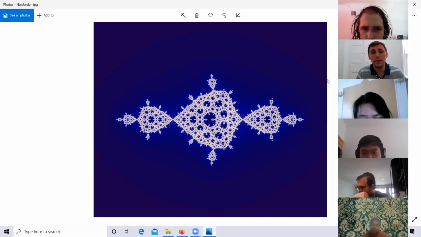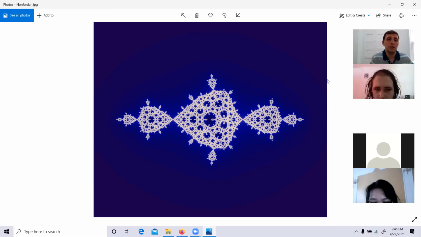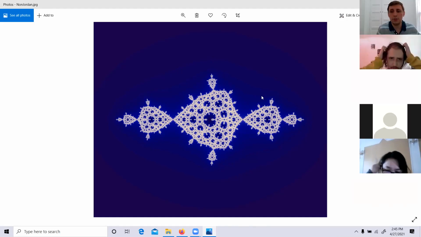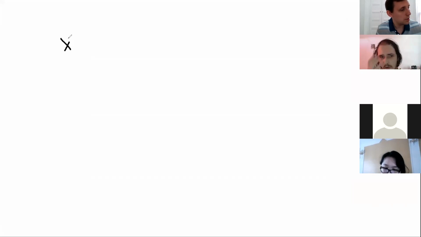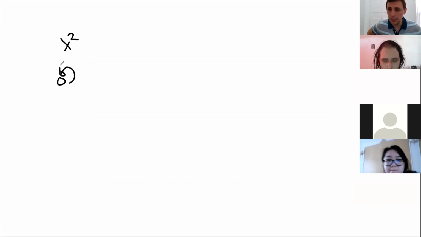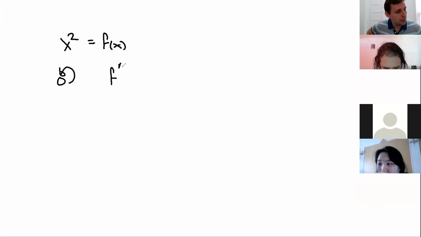Okay, so if you take, for instance, the function x squared, and you begin with the point 0, then 0 is mapped to itself. You agree? If you apply x squared to 0 repeatedly, so this is my function, if I apply f^n at 0, it will still be 0.